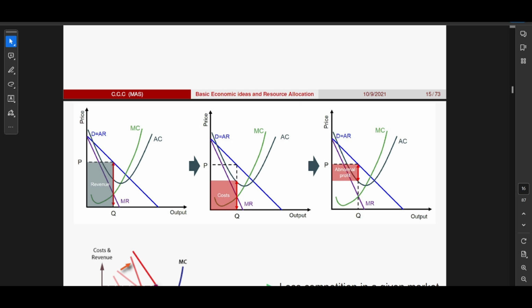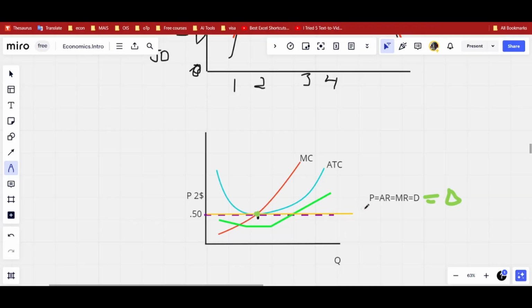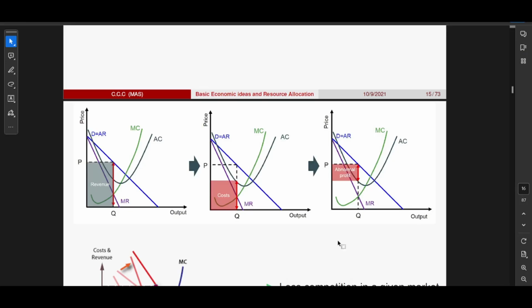We saw it here also, right? The average revenue here is equal to the marginal revenue, which is also equal to the demand curve. So in this situation, price times quantity is equal to revenue. This is your price, this is your quantity, so the area here is basically your total revenue.